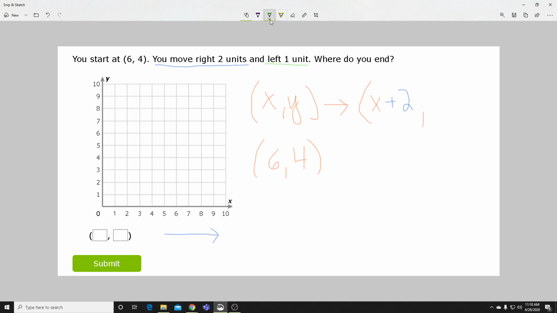So we're moving to the right by 2, then the left by 1. We know that if we're going to the left, we're taking away from x. We keep the same y because we're not moving up or down. We said x was 6.